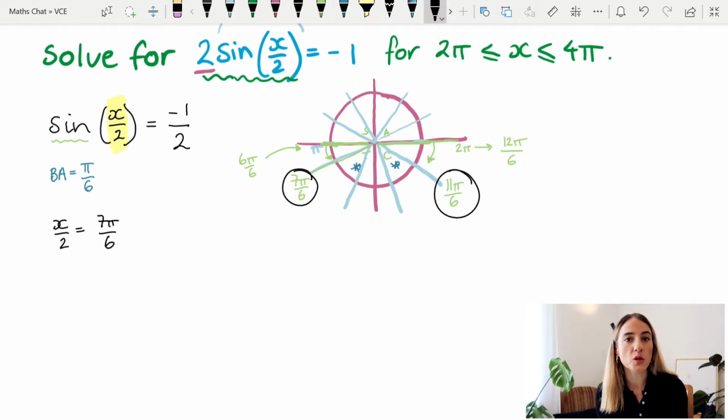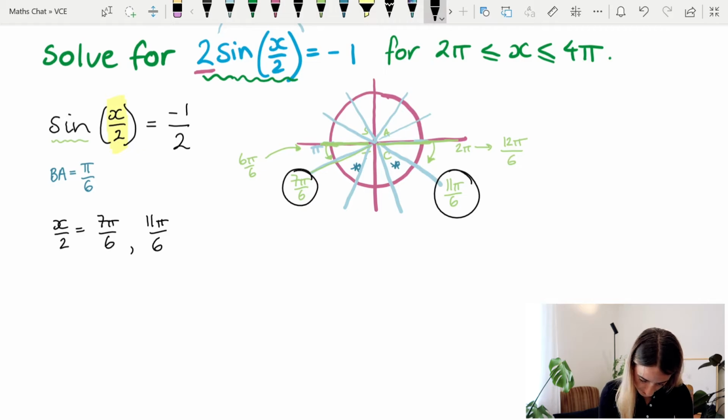Now notice that I'm solving it from 0 to 2 pi, and that's because every time we move around that just repeats. So as soon as we know those first 2 values, we can work with that and then add on the period if we need to, so that we get all the values that are in the domain. So my 2 values are 7 pi on 6 and 11 pi on 6.